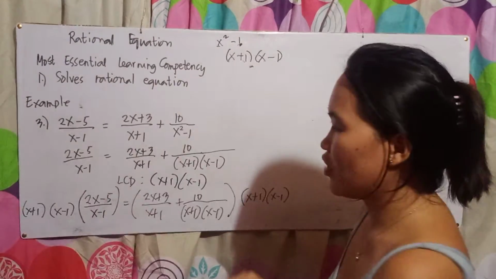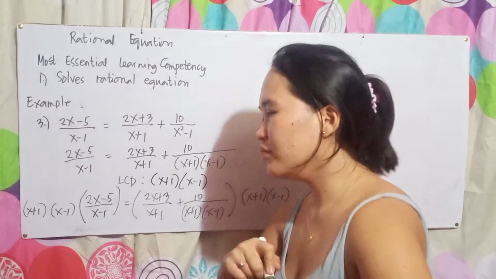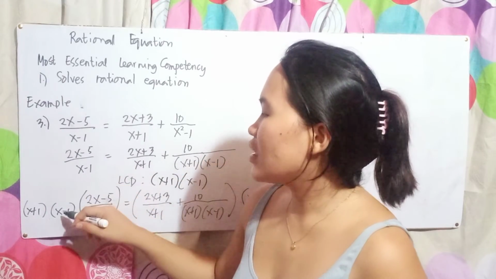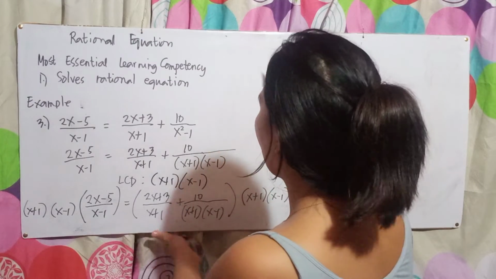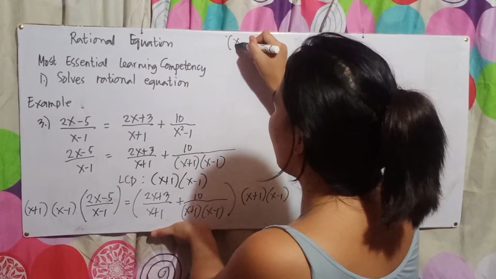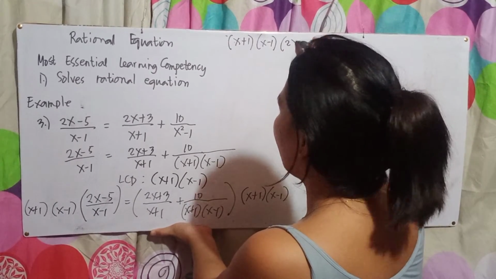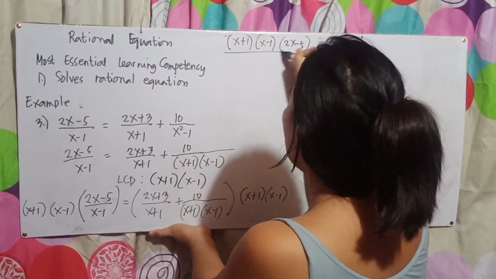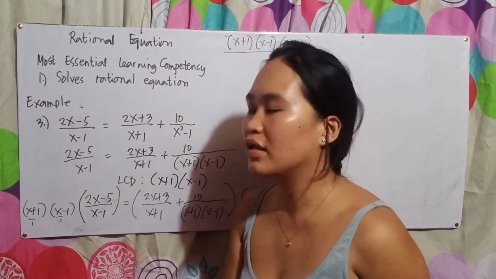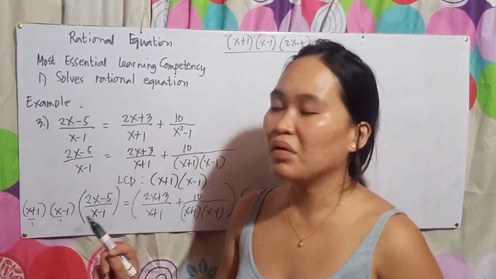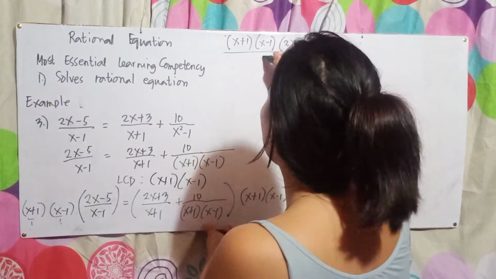Okay, next is to multiply. X plus 1 times x minus 1, multiplied by 2x minus 5, over, since there is an invisible 1, the numerator is multiplied by the numerator and the denominator invisible 1 is multiplied by the denominator x minus 1.